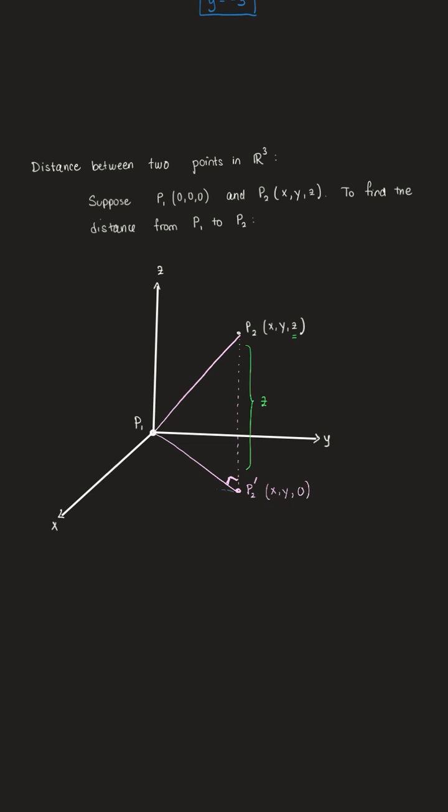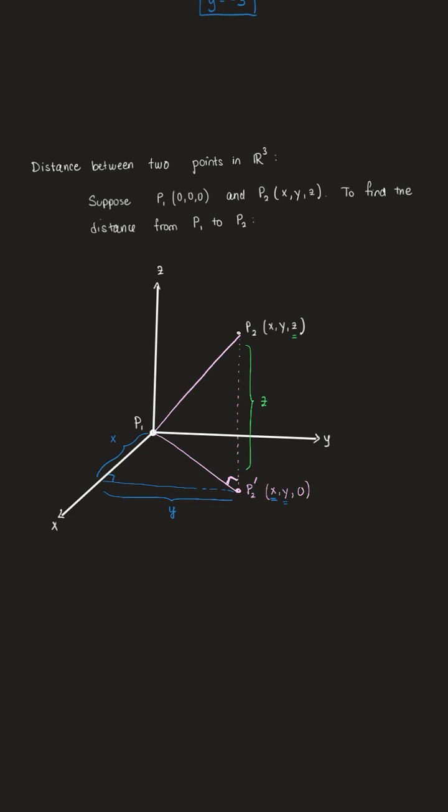This distance from here to here is the x-coordinate of point P sub 2, so that's just x. And the distance from here to here is going to be y, because we're just on the xy plane and we have a right triangle.